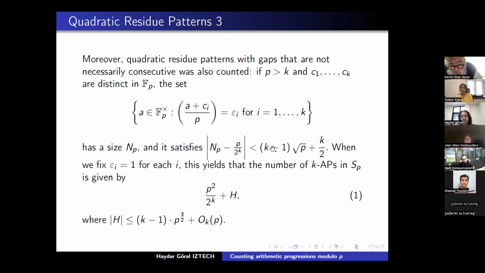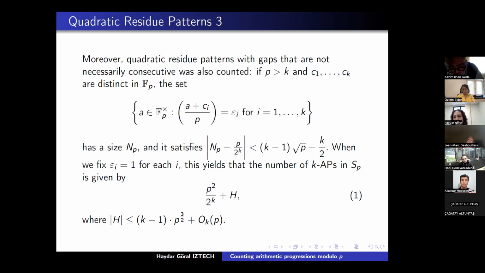And again, the same methodology works, and your error term is around square root of p. The constant near square root of p is k minus 1. And there's also k over 2, but if you fix k, and since this is an asymptotic result, you allow p to grow, then of course the main error term is square root of p times k minus 1.